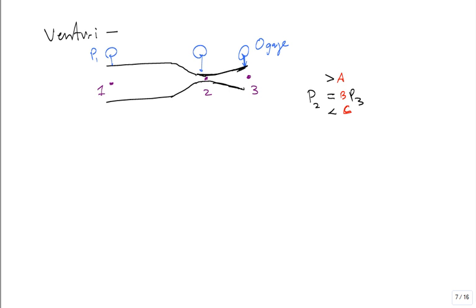Well, before I show the results on that one, answer this question. What about the speed at 3 and the speed at 2? Which one's greater? 2 is faster. Let's draw it as a longer arrow. So it's slowed down at 3, true? What about the kinetic energy of the flow at 2 versus at 3? 2 is greater, right? But we know that the sum of the flow energy and the kinetic energy is a constant.